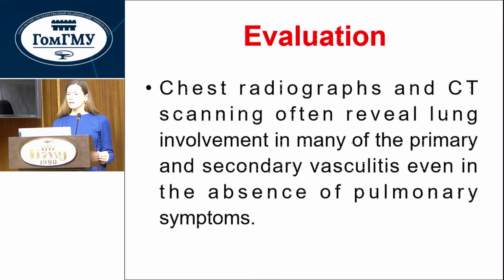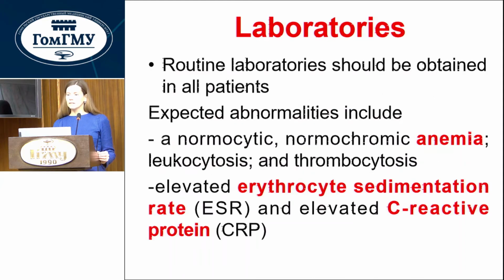Routine laboratory tests like complete blood count may show normocytic, normochromic anemia, leukocytosis, thrombocytosis, sometimes elevated erythrocyte sedimentation rate, and elevated C-reactive protein. Urine analysis also should be performed in all patients with suspected systemic vasculitis, including patients with normal renal function.